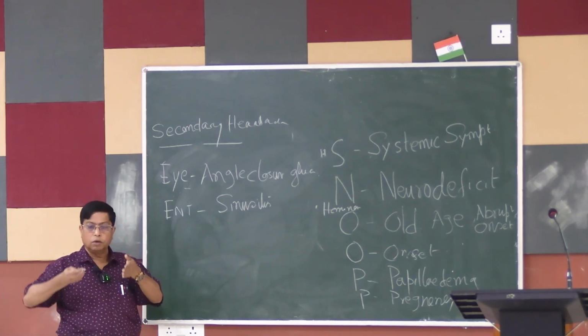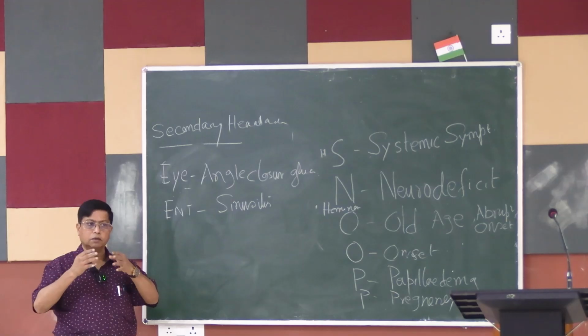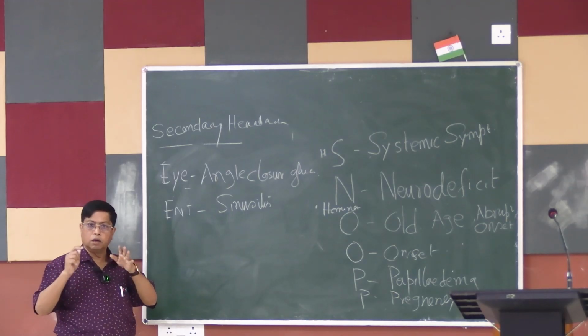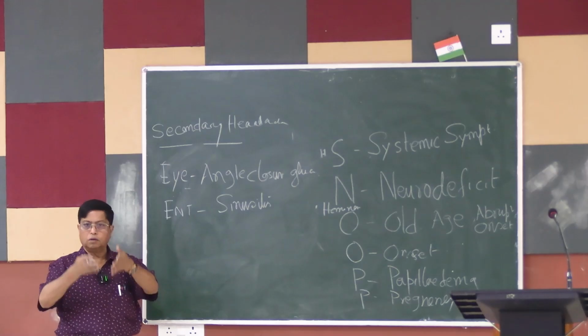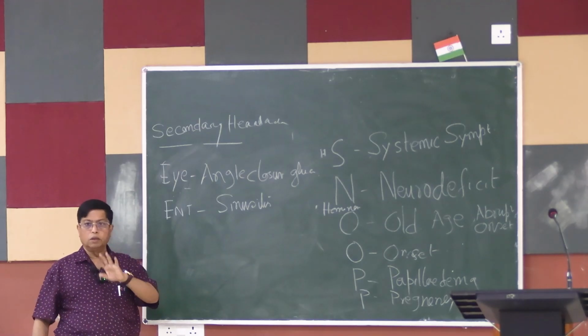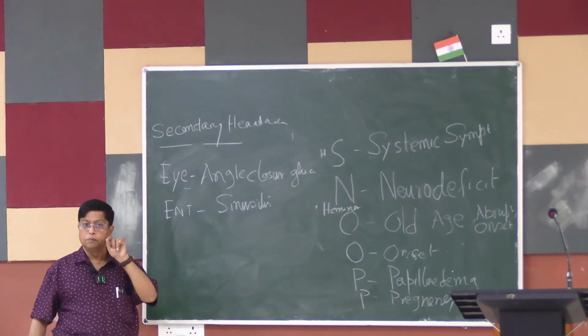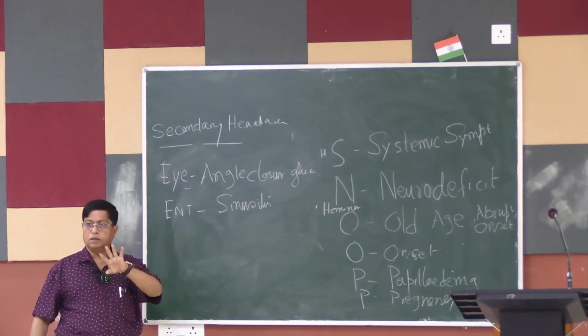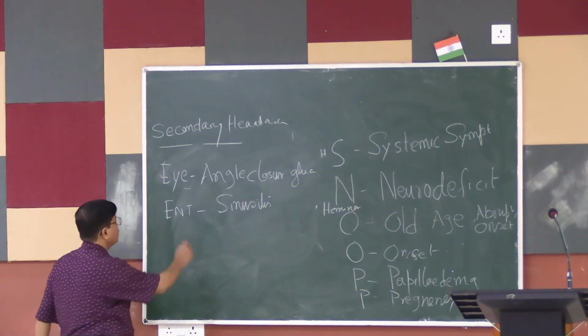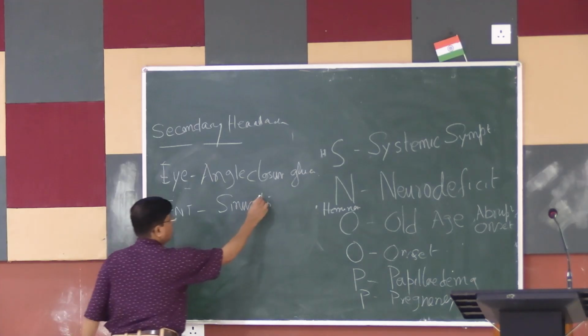The cavernous sinus is an important structure you have to learn. It is in contact with many things: the pituitary gland, optic chiasm, the sphenoidal sinus. So commonly, sphenoidal sinus infection, particularly in children, can be transmitted to the cavernous sinus and cause cavernous sinus thrombosis. So ENT, sinusitis, is an important cause.